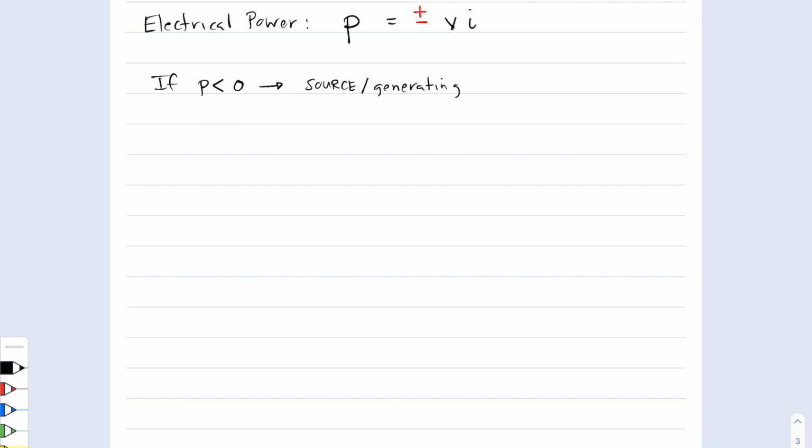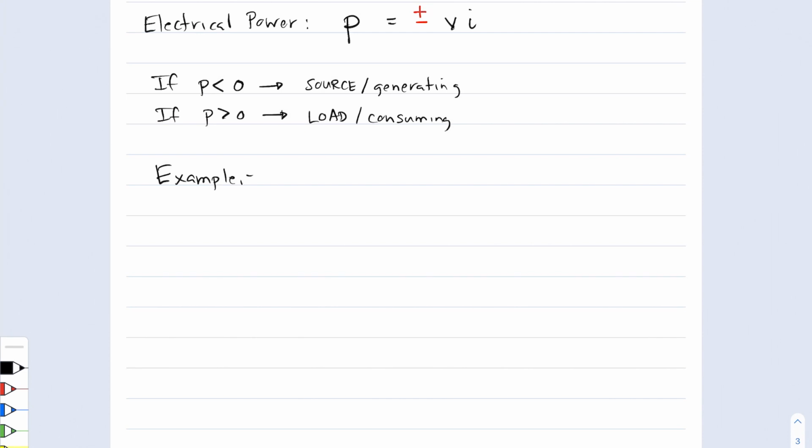Negative power you would associate with something being consumed, but that's not the case in terms of our interpretation of the power. Conversely, if something by the end of a calculation had positive power, then the element was a load, and this load would be consuming electric power.